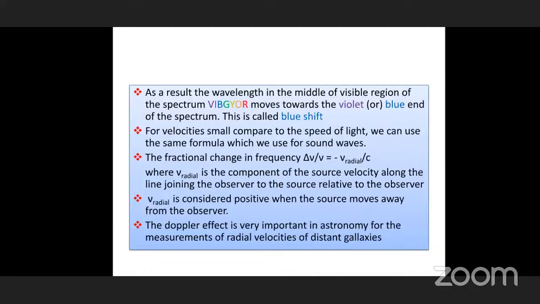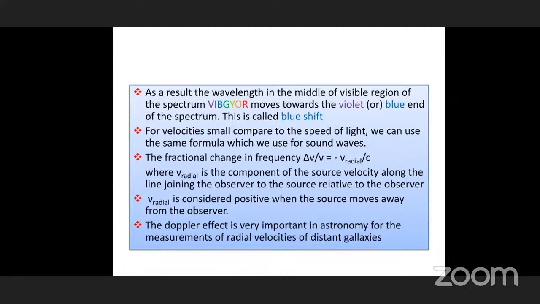We are not going into the details of astronomy. You just remember the equation delta nu by nu is equal to minus V radial by C, where you have to take minus. If the star comes towards you, you should take minus V radial. If it moves away from you, you should take positive.